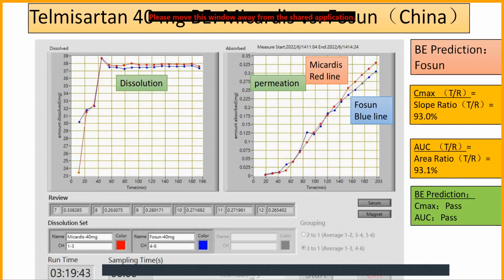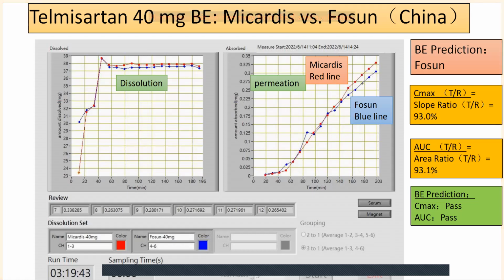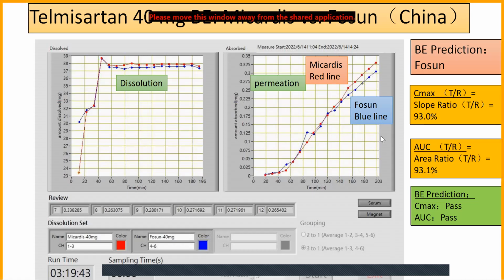Okay, so from these two calculations shown on the graph, we can confirm that this Cmax and AUC is going to pass. And actually it is, because they are really approved drugs in the market. Okay, so this tells us that the machine can predict precisely the generic drug performance.